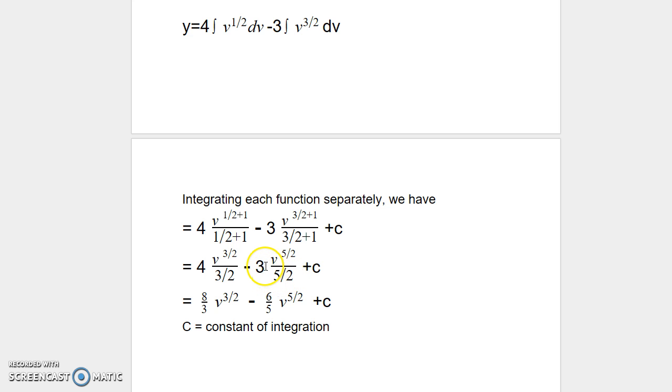Bringing it to the side of the term, we write that as 2 over 5. So 3 times 2 is 6 over 5, times v to the power of 5 over 2 plus c, where c is a constant of integration. So this is our solution.